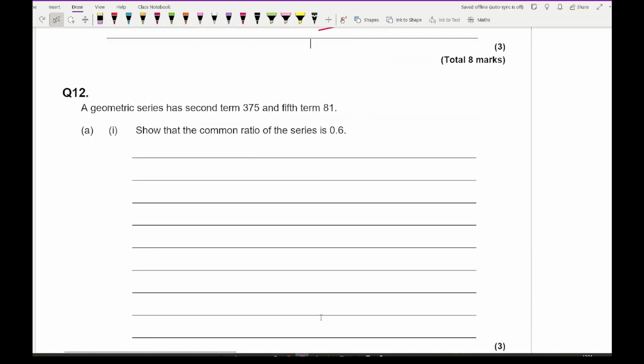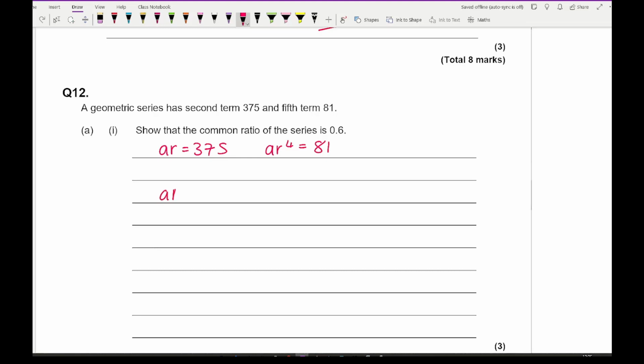Then moving on to question 12, it says a geometric series has a second term of 375 and a fifth term of 81. Show that the common ratio of the series is 0.6. So looking at the second term, well, we know that the second term is AR, so that equals 375, and we know that AR to the 4 equals 81.